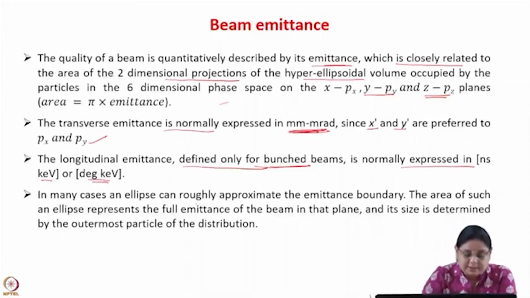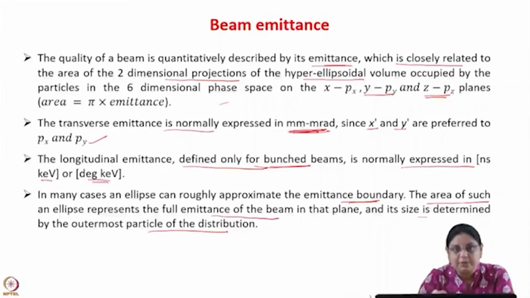In many cases, an ellipse can roughly approximate the emittance boundary. Sometimes beams do not have proper elliptical boundaries. Whenever there are linear forces, the trajectories of the particles in phase space lie on an ellipse.